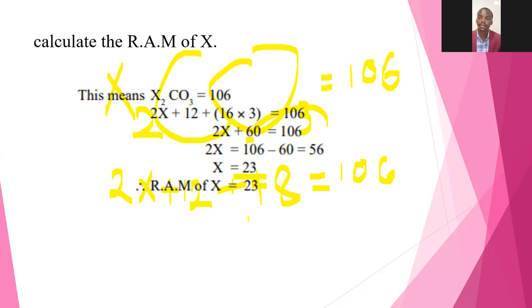So we have determined what we are required to determine: the concentration of the solution in grams per liter and also in moles per dm cubed. And also we have determined the RAM of X as required.